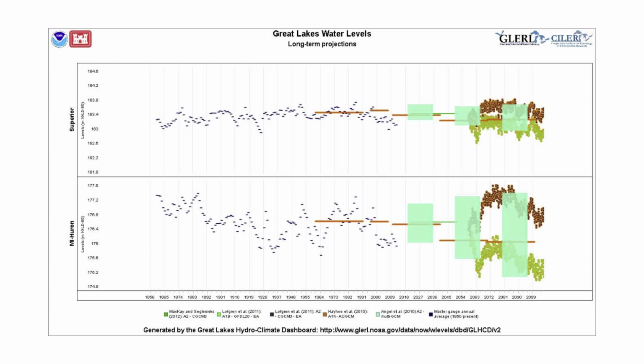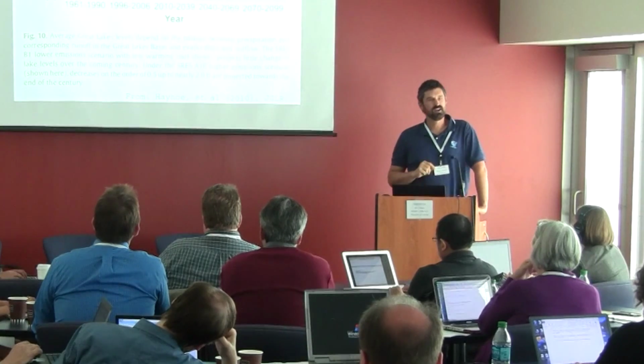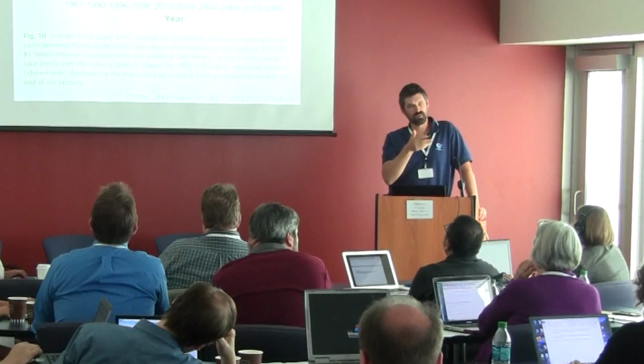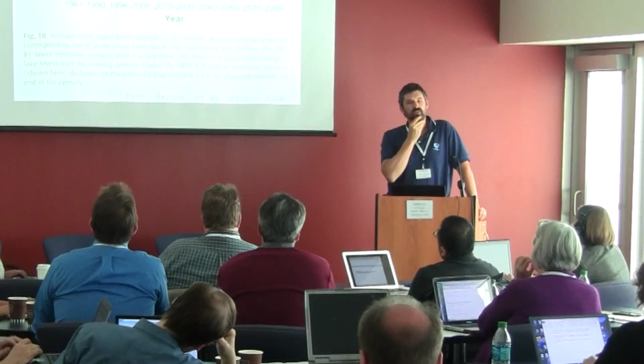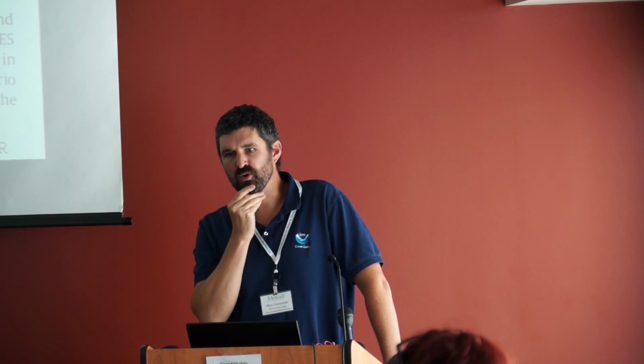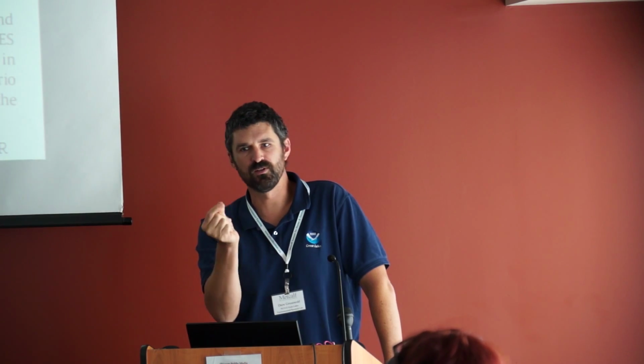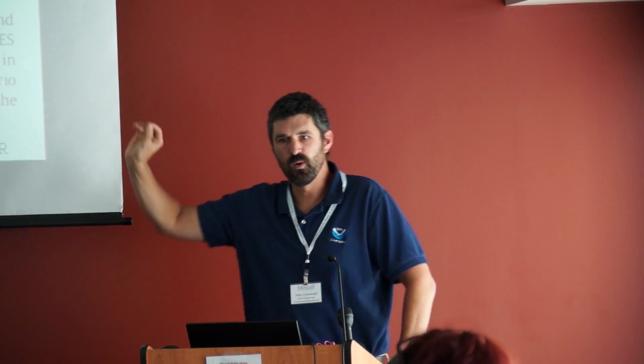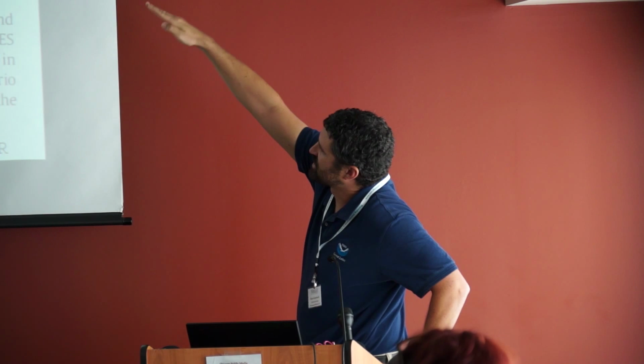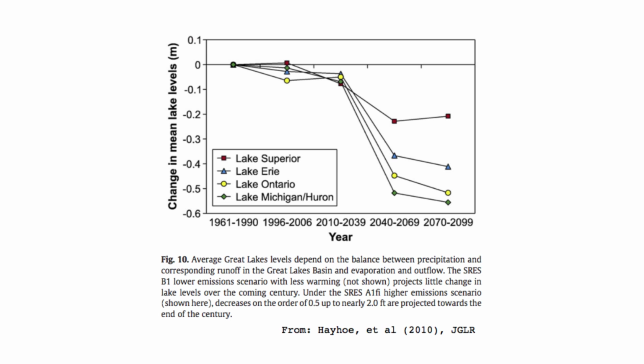And I want to use that as a context for actually bringing up an image that comes from a paper that Don wrote with Katharine Hayhoe several years ago that really served as a cornerstone for perceptions about water level change in the region. And what this slide shows is decadal water level projections from a particular climate scenario using a particular model, and it led to a perception that water levels in the Great Lakes are likely to have a significant decline over the next century.